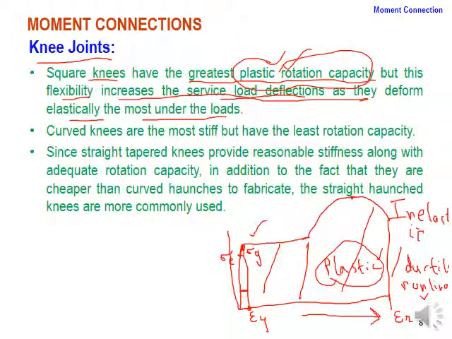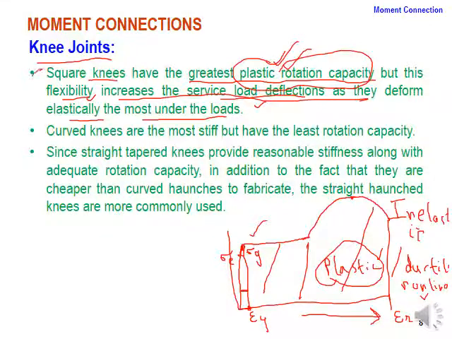Whatever the case, that design requires the efficiency of the steel material in terms of plastic rotation capacity. If more plastic rotation capacity is available, it increases the flexibility and the service load deflections related to the plastic rotation capacity, as they deform elastically the most under the loads.